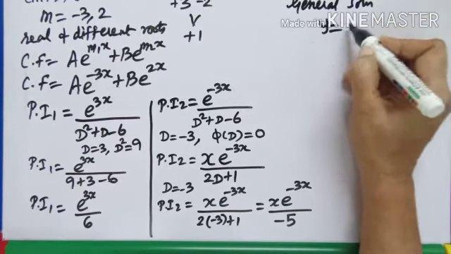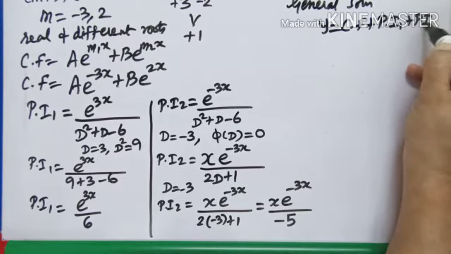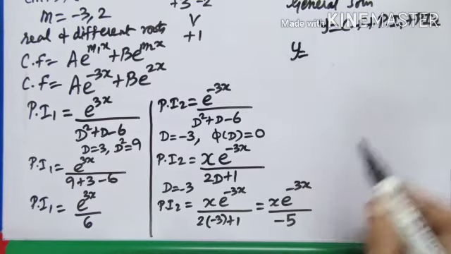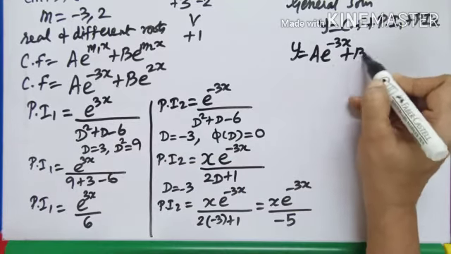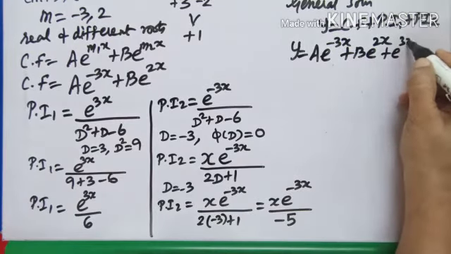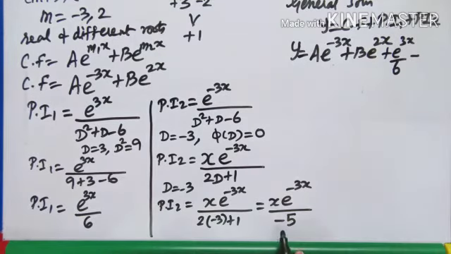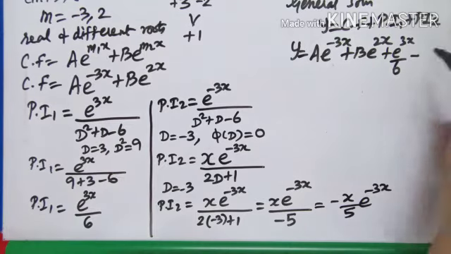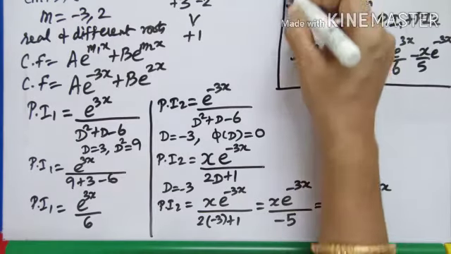The formula y equal to CF PI1 plus PI2, since there are two. Y equals A e power minus 3x plus b e power 2x. The first particular integral is e power 3x by 6 and the second is minus. We never keep minus in the denominator. Bring it to the numerator. It is minus x by 5 e power minus 3x, and that is the answer.